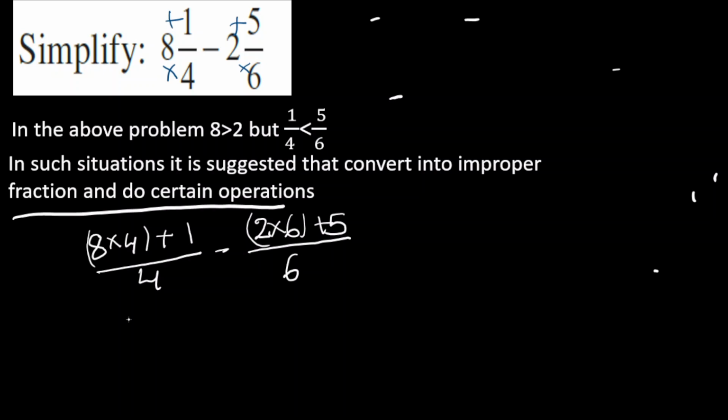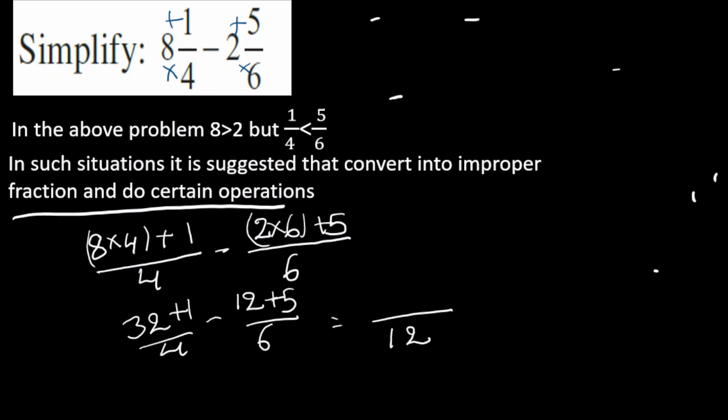And here it is nothing but 8 into 4 is 32 plus 1 by 4 minus 2 into 6 is 12 plus 5 by 6. And you know that the LCM of 6 and 4 is 12. So this is 33 by 4 minus 17 by 6.